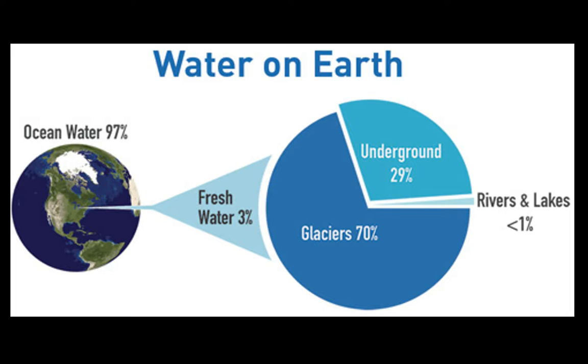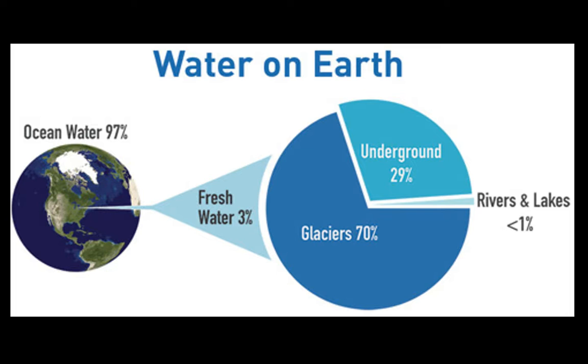So shown another way, you have this graph in your notes as well. We have a pie chart, and we can see that 97% of Earth's water is ocean water, whereas only 3% is fresh water. When we look at that 3% of fresh water, we see that 70%, almost 3/4 of it, is trapped in glaciers, most of them being at the North and South Pole.